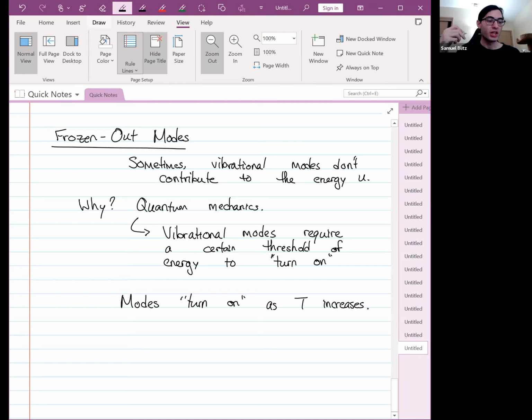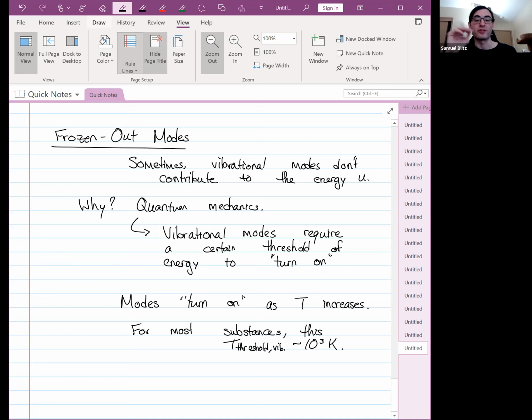And so for most substances that have vibrational modes at all, this threshold temperature for vibrational modes is on the order of thousands of Kelvin. So that is to say, you would need to have 1/2 times kB times thousands of Kelvin.